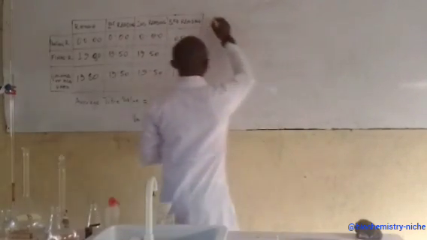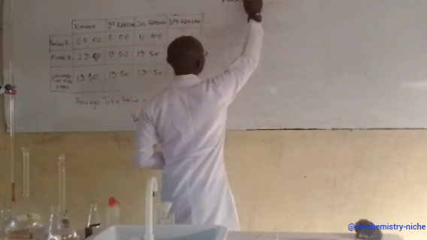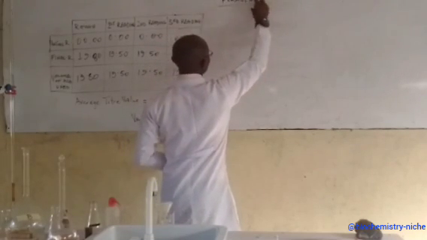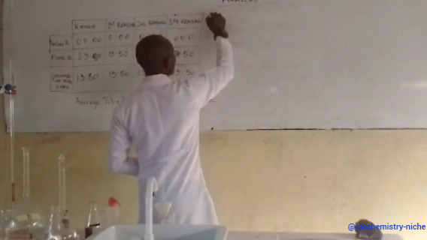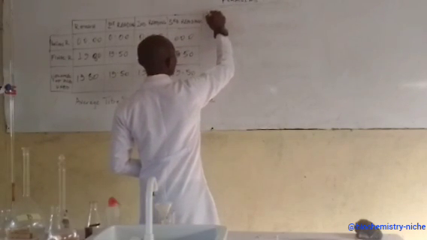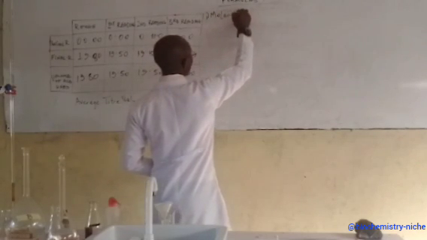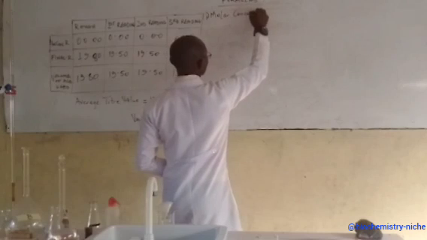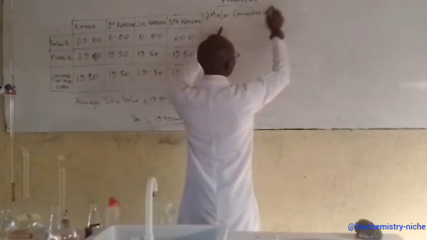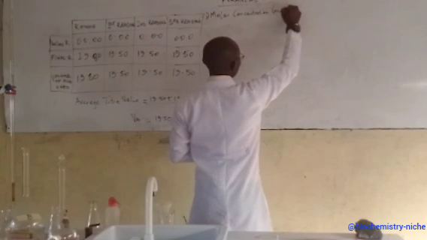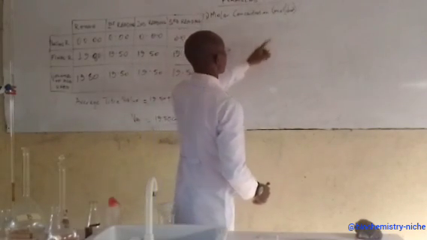Okay, here I have formulas now. Formulas. Okay, you could be having molar concentration. Now, molar concentration is in moles per dm cube.